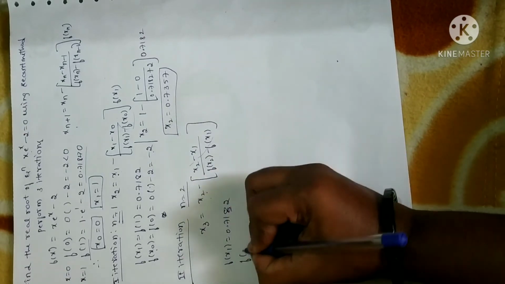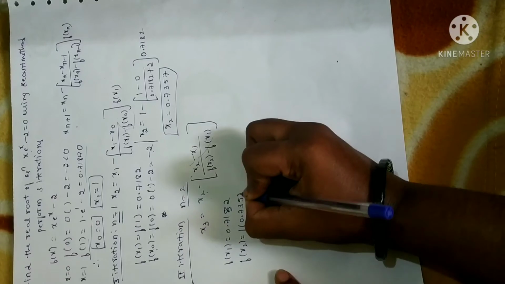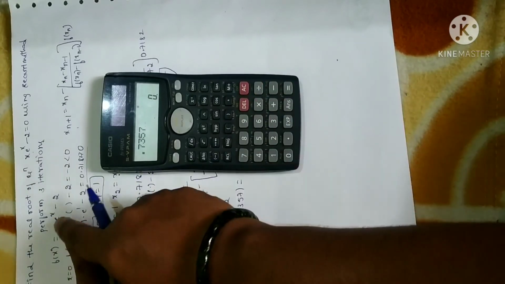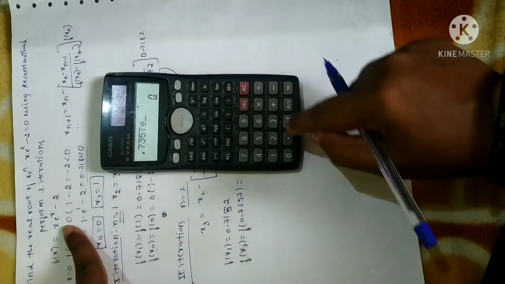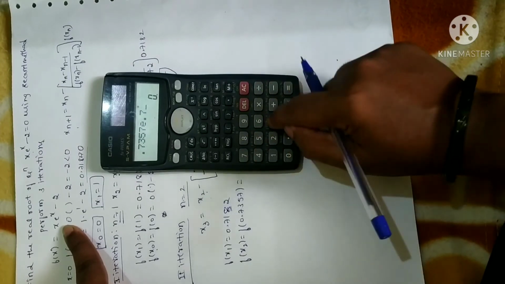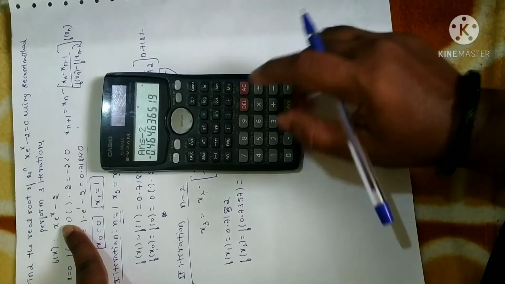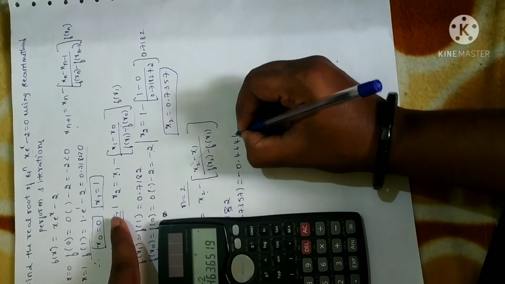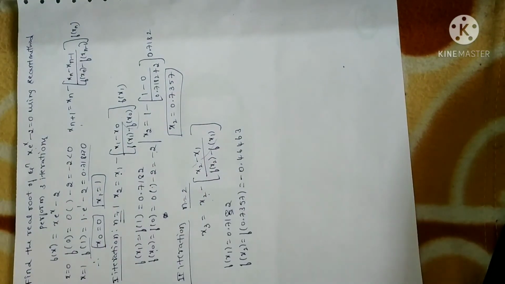Let me find f of x2, in the sense f of 0.7357. So let me simplify. x is 0.7357. In this one I am going to substitute. Find exponential, shift ln 0.7357 minus 2. So that will give us minus 0.46463.